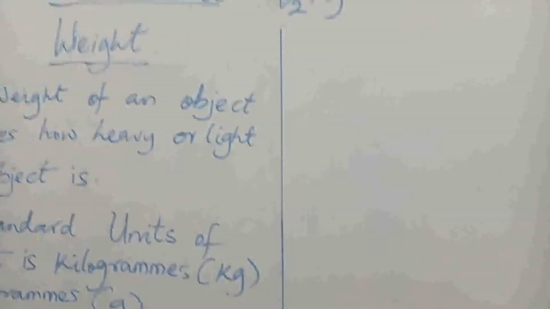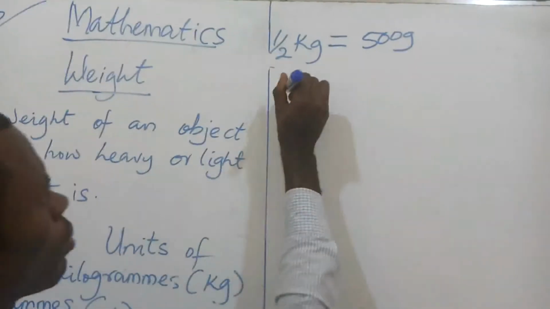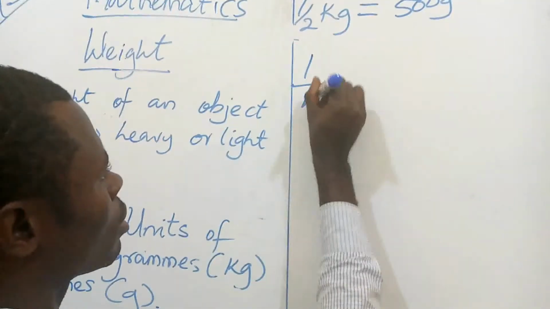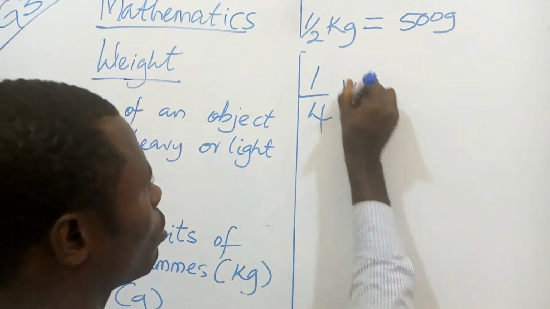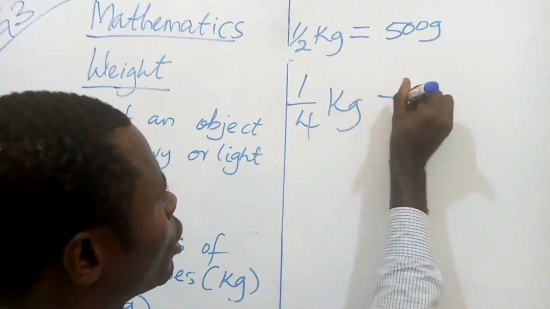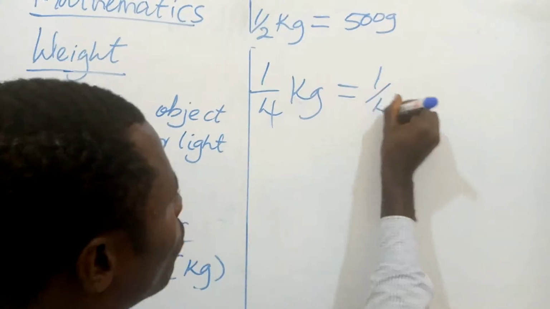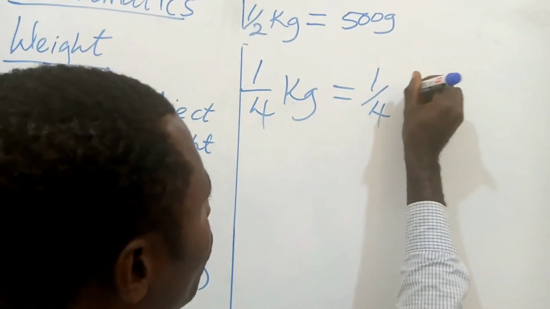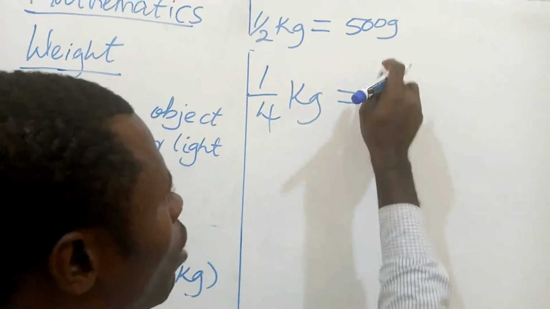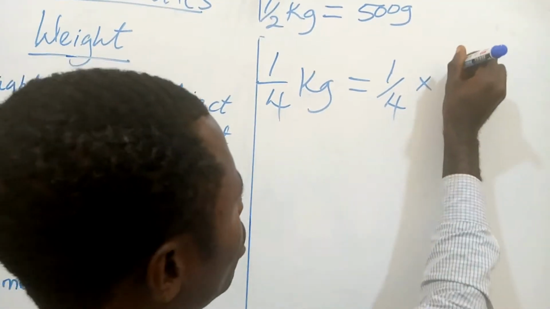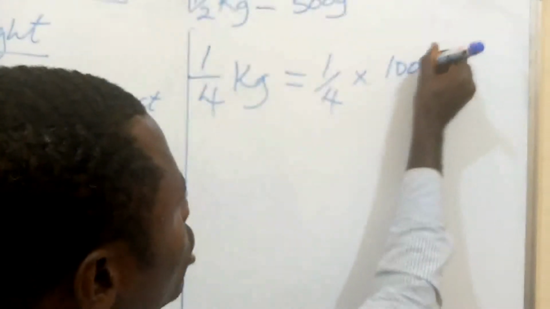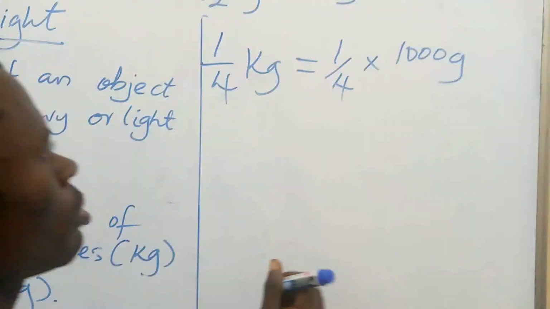And then a quarter of a kilogram, that is 1/4 of a kilogram, is equal to what? Quarter times 1,000, that is a quarter of 1,000 grams.